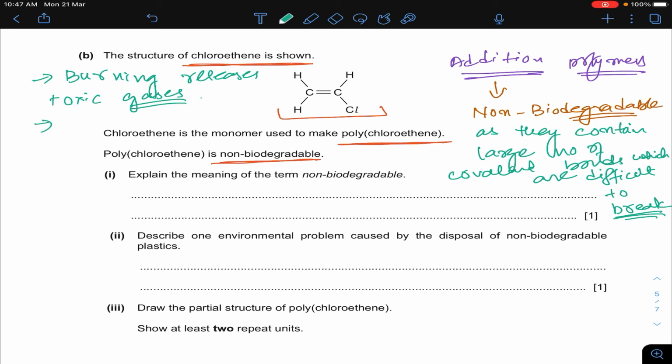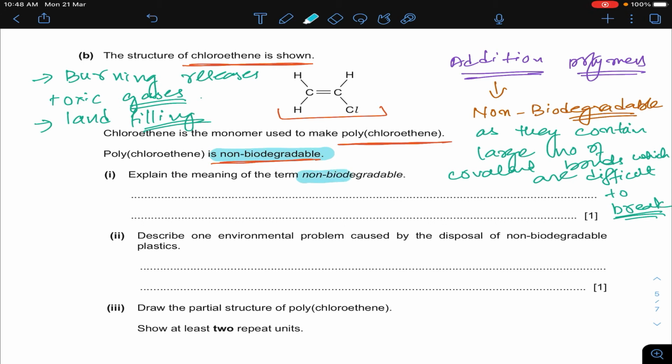It occupies a large area of land which could be used for agriculture and infrastructure, but it would be wasted in landfilling. So these are a few disadvantages of using polymers. So polychloroethene is non-biodegradable.